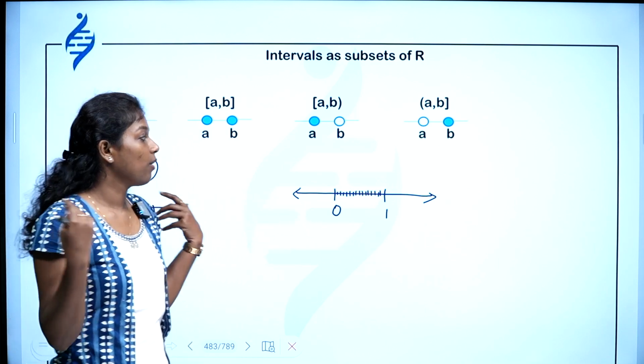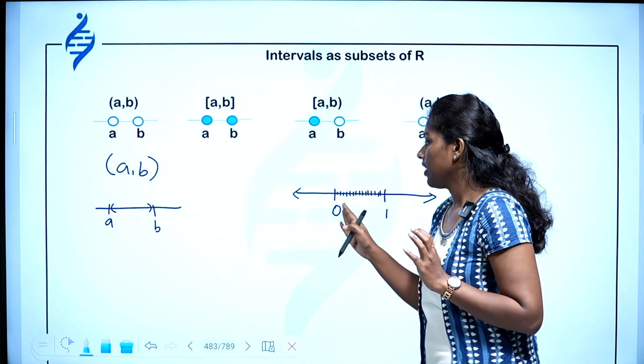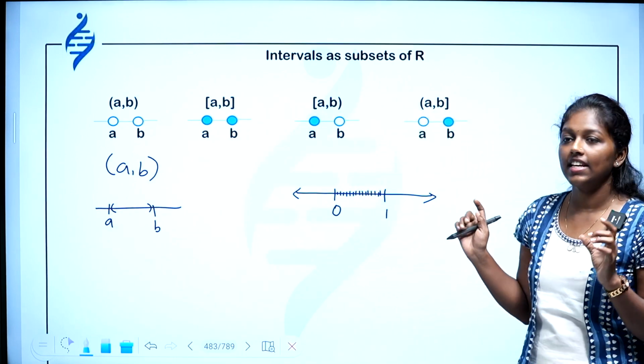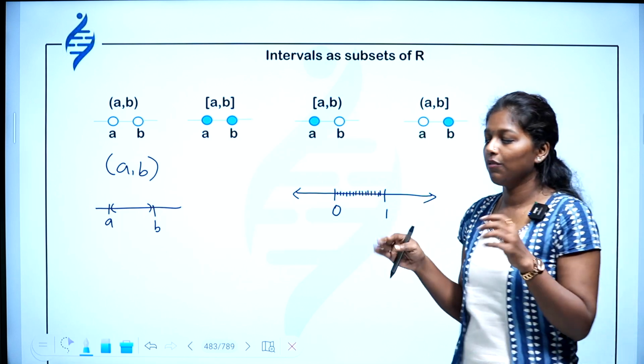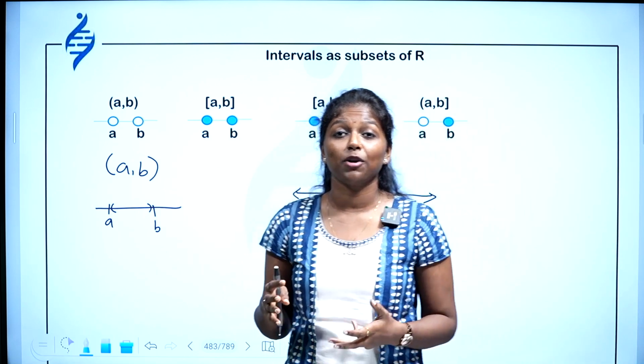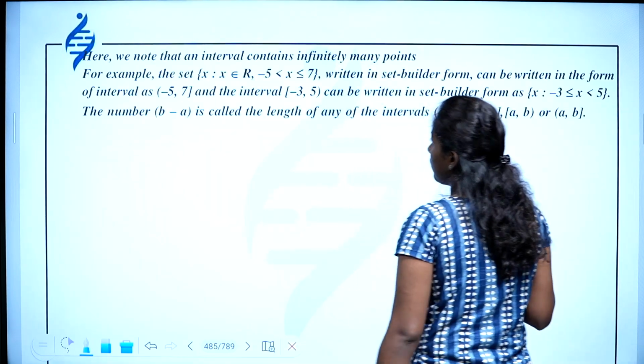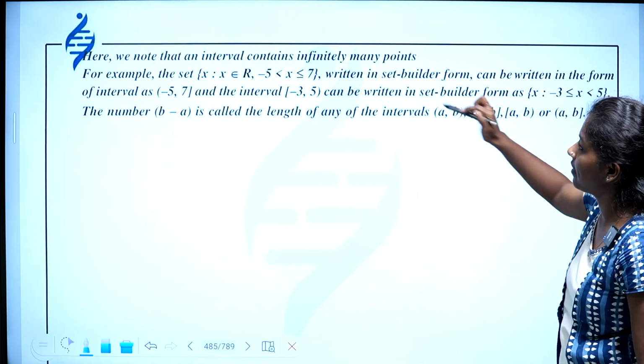So there are uncountably many numbers in between 0 and 1. So whatever interval we choose, we get infinitely many elements in that interval.